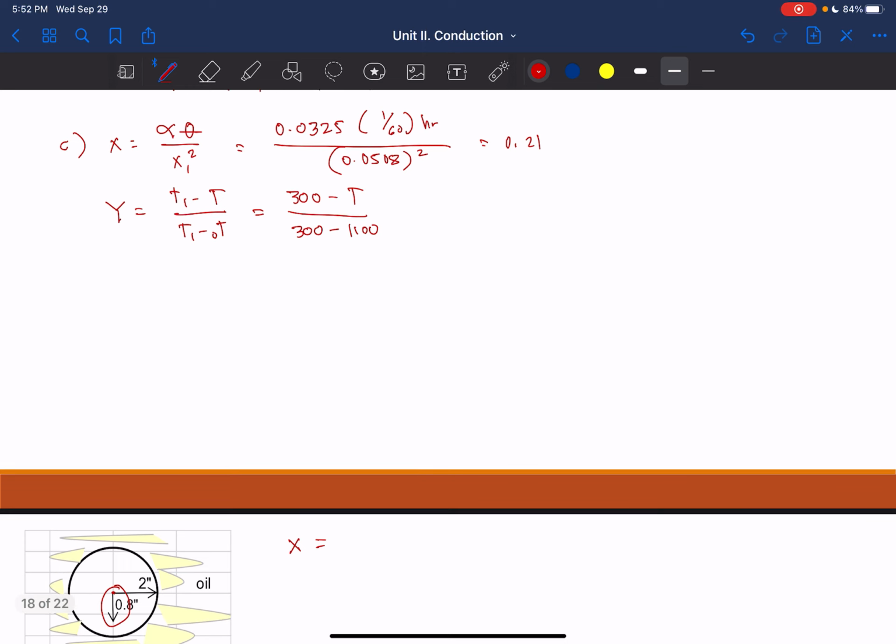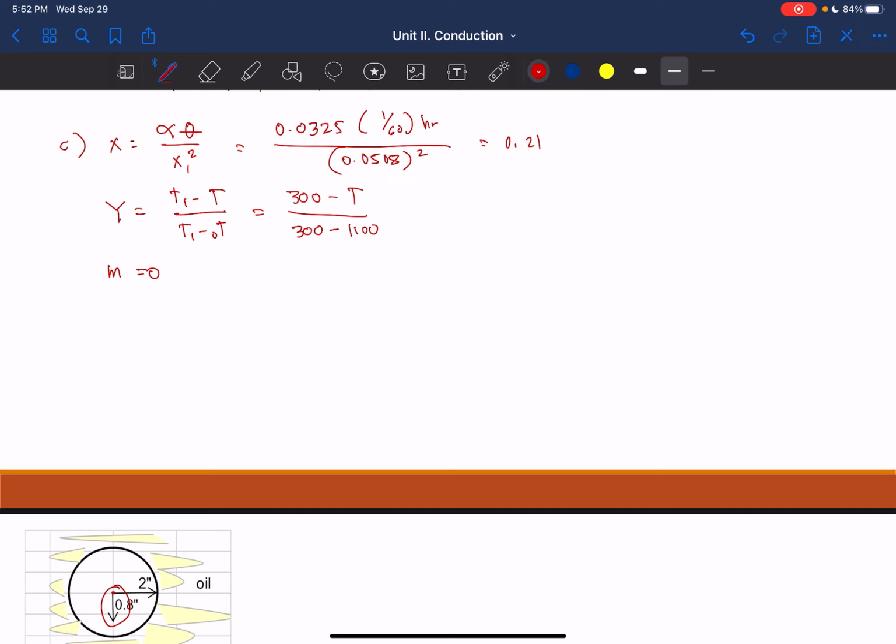So, since you don't know y, you have to get it using your appendix D11. You assume m equals 0, because if h is not given, you cannot really get your m.